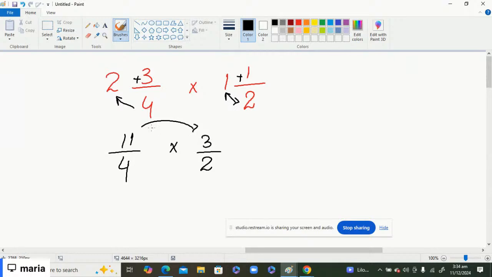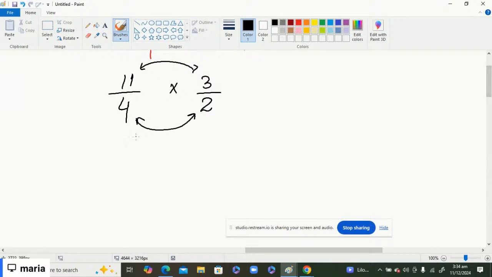Now multiply the top numbers with each other and the bottom numbers with each other. So 11 times 3 is 33, and 4 times 2 is 8. So 33 over 8.